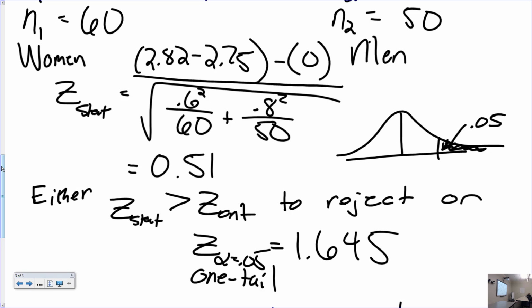Just 6 squared divided by 16 plus 8 squared divided by 50. Now I messed up. Always, as soon as I watch, it works. How did we get 1.6?